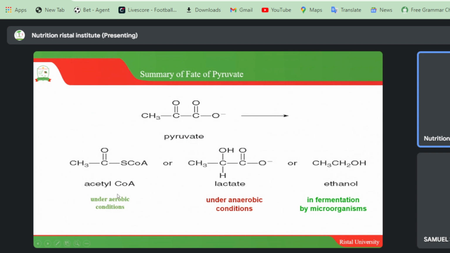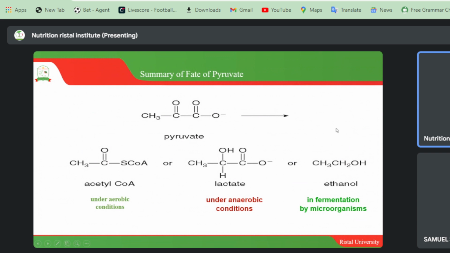Acetyl-CoA is formed under aerobic conditions where there is oxygen. This is correct. Then lactate is formed in anaerobic conditions where there is limited or no oxygen in your cells, and then during fermentation you form ethanol. So this is basically the summary of everything that I've been talking about.